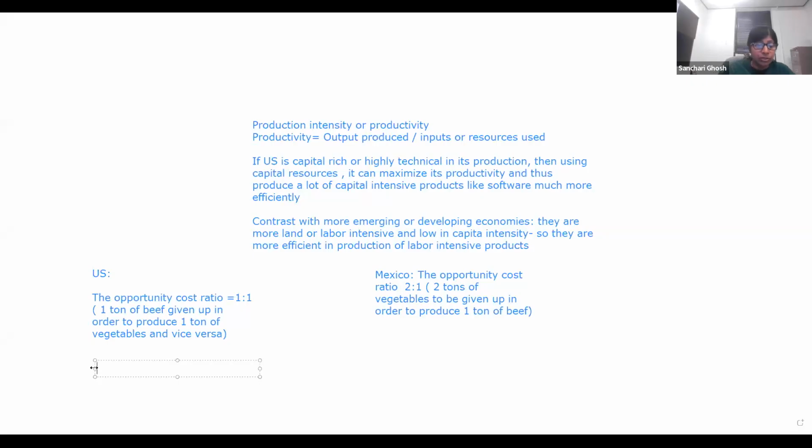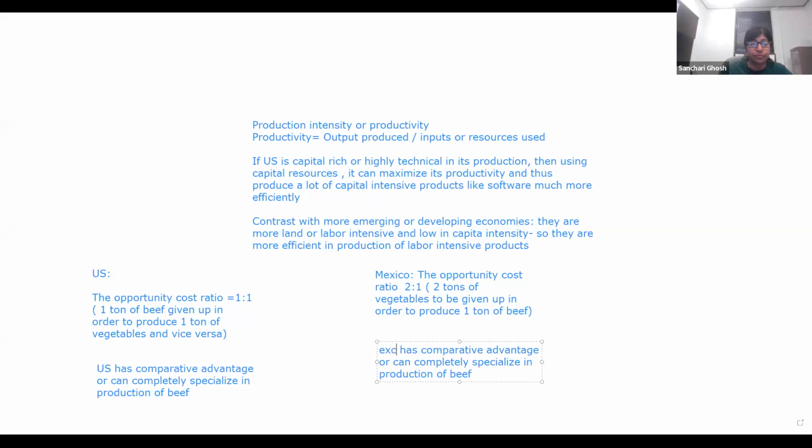What we just discussed, the US has comparative advantage or can completely specialize in production of beef, whereas here I write Mexico has comparative advantage or completely specialized in the production of vegetables.